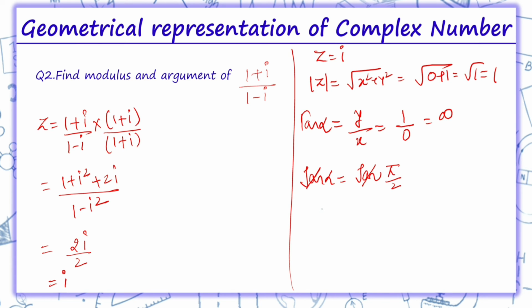So this and this will be cancelled. We will get alpha to be pi by 2. Again over here, since the real part of z is 0 and the imaginary part of z is 1, which is greater than 0, it will lie on the y axis. So therefore the argument of z is equal to alpha, which is equal to pi by 2.